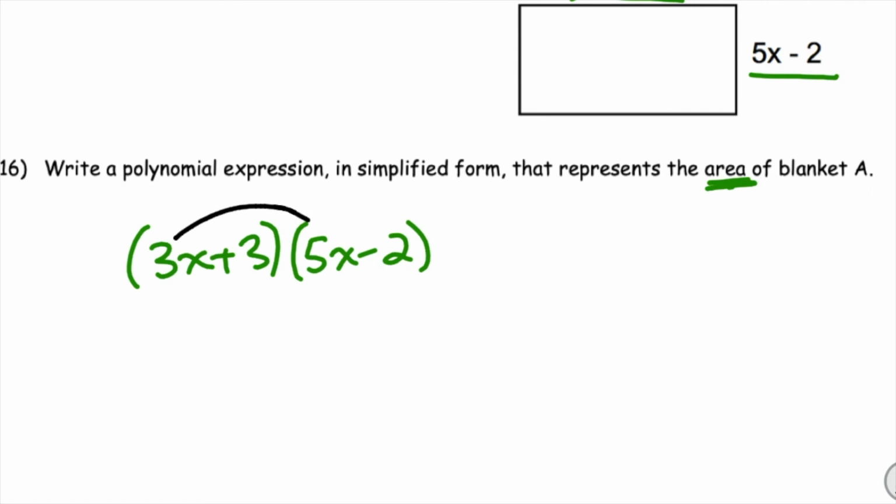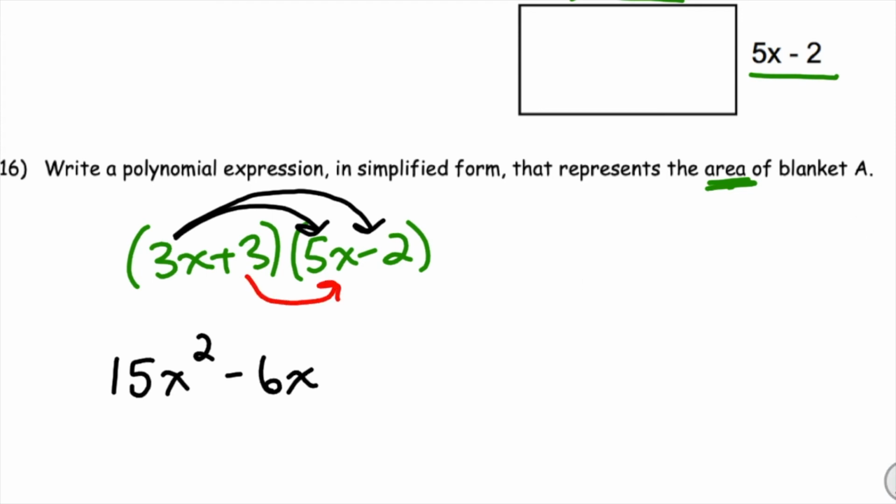So 3x times 5x gives me 3 times 5 is 15. X times x is x squared. 3x times negative 2 is a negative 6x. 3 times 5x is a positive 15x. And 3 times negative 2 is negative 6.